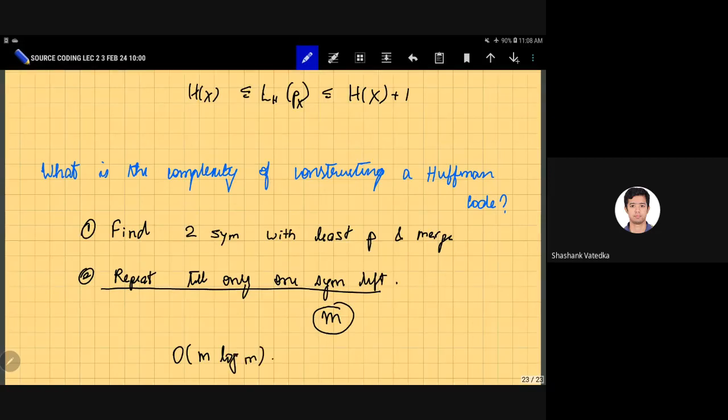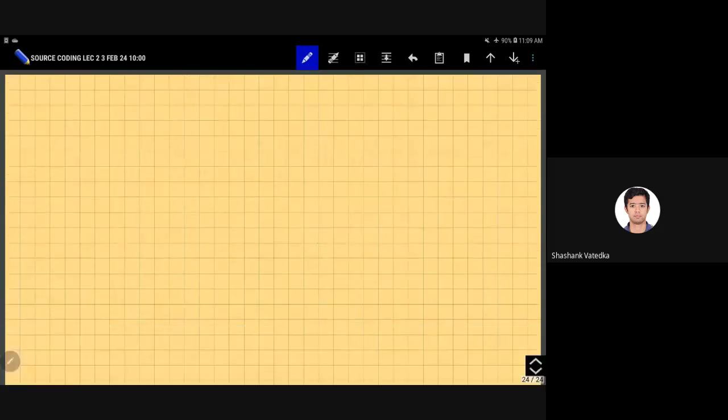So to construct a Huffman code, it's at least omega of m, where m is the alphabet size, the number of symbols over which you want to construct a Huffman code. And what have we seen? We've seen that the expected length achieved is between H(X) and H(X) plus 1 bits.